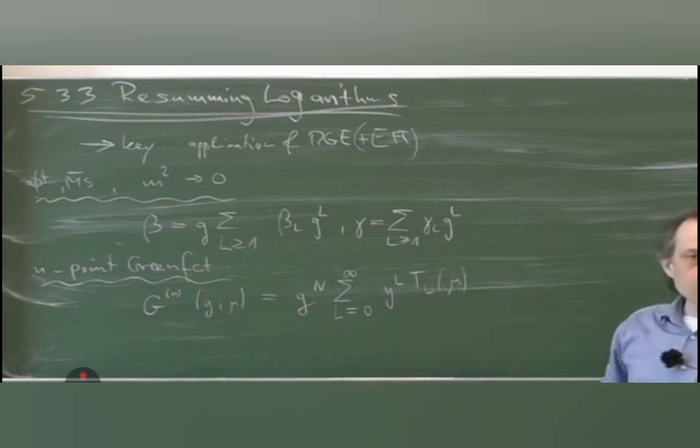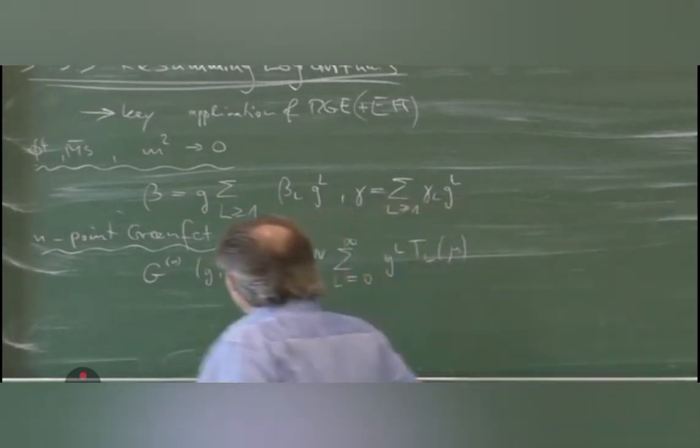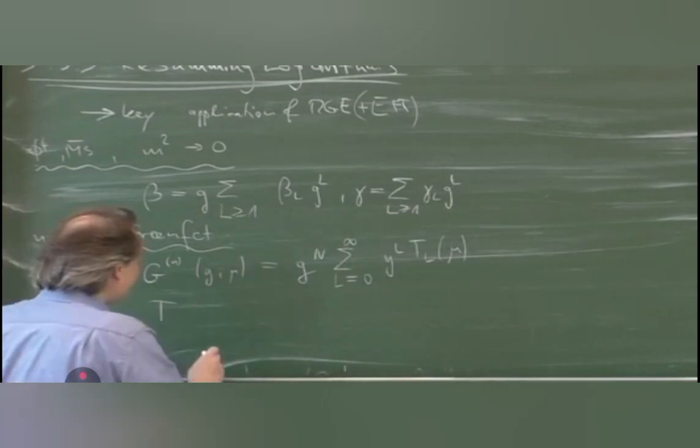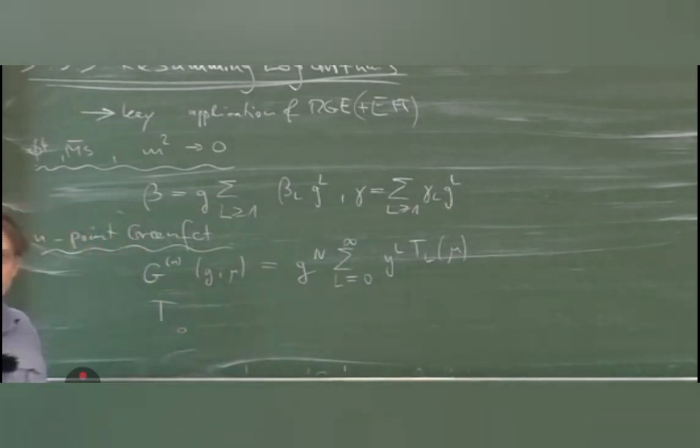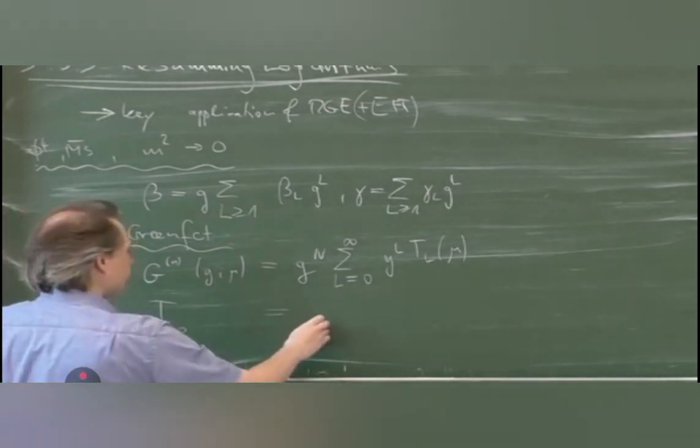And of course the coefficient functions will also depend on momenta and energies of the physical process, but not on the coupling. Then, what do we know about the coefficient functions? At tree level, the coefficient function cannot depend on μ, because μ only enters via loops. Therefore, at tree level, G_0 is a constant.